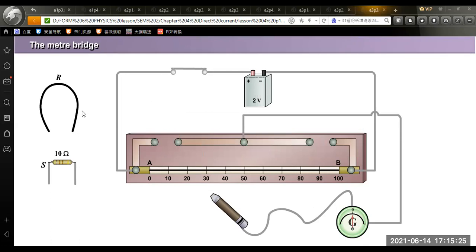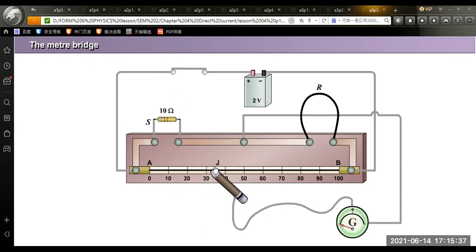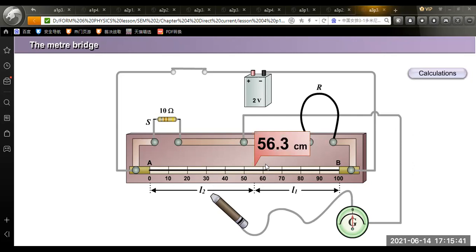Now we notice, sorry, the connection. We connect R to one end, with the 10 ohm. Just now it was 44.5, right? Once I exchange it, it becomes 56.3.